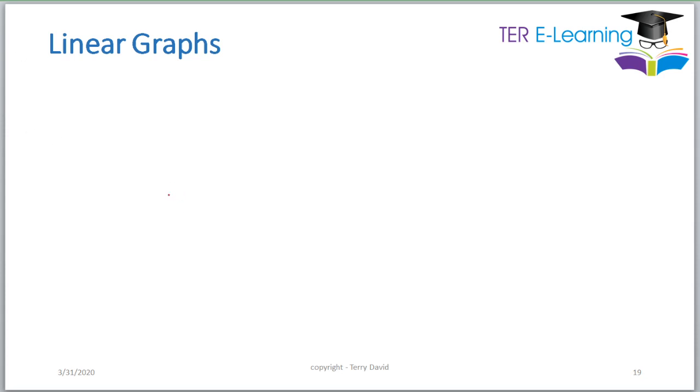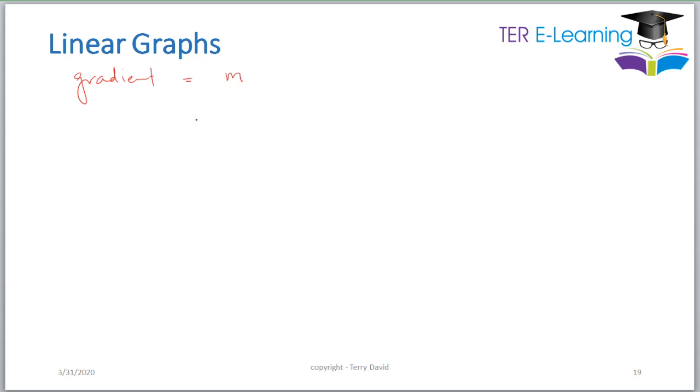Alright, so I just showed you how to determine the gradient and the y-intercept from the equation, right? So what you all need to know, you all need to be able to determine the gradient of a line given 2 points, right? But so gradient, we know we use the symbol m to represent gradient, right?